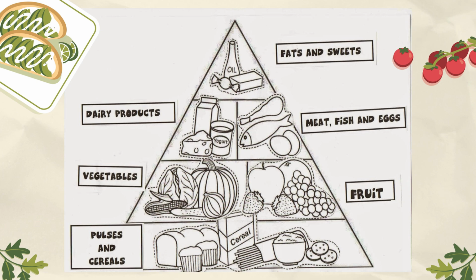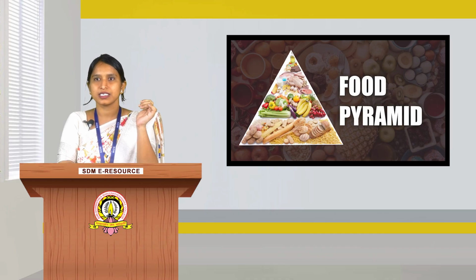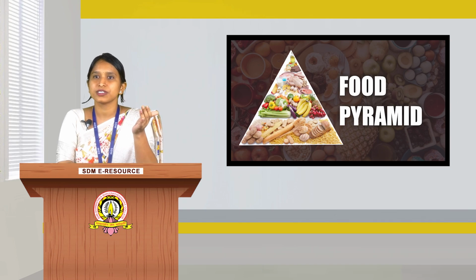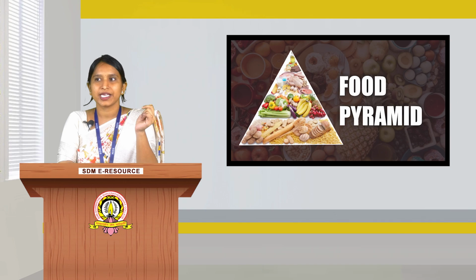What are those? They are pulses and cereals. The foods which we consume in lesser quantity are placed above that, which are vegetables and fruits. And the next one, which we consume less than vegetables and fruits, is dairy products and meat, fish, eggs, which we call meat and meat products.